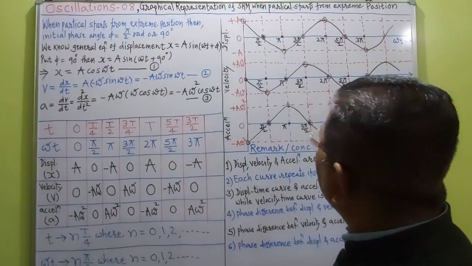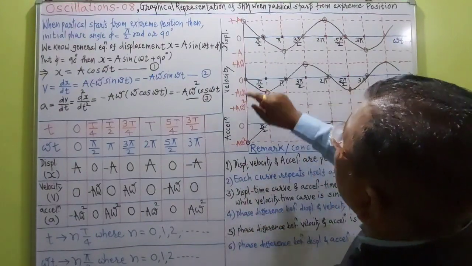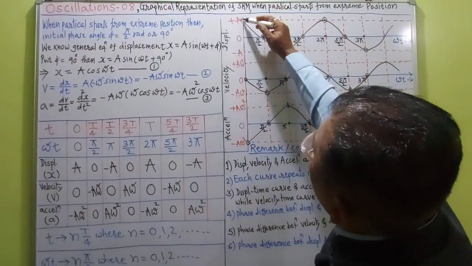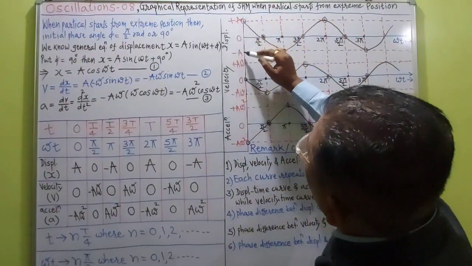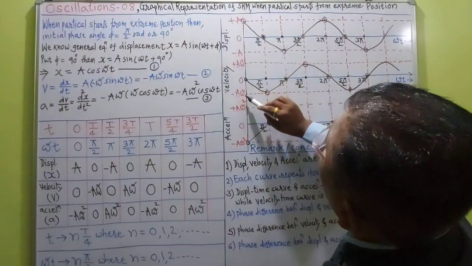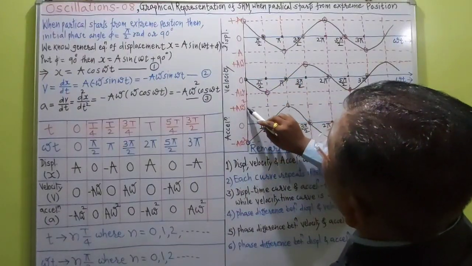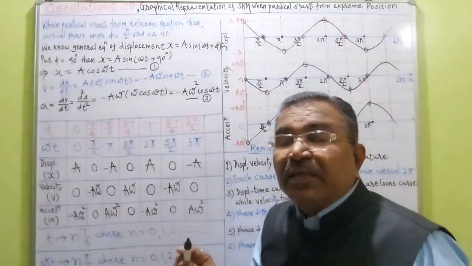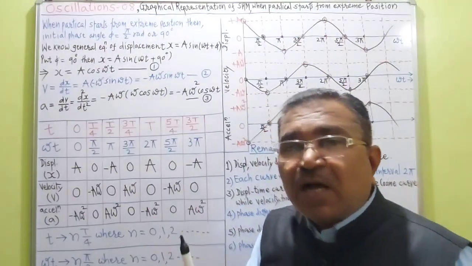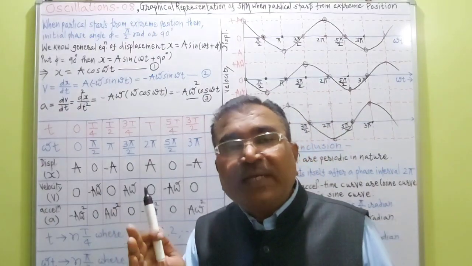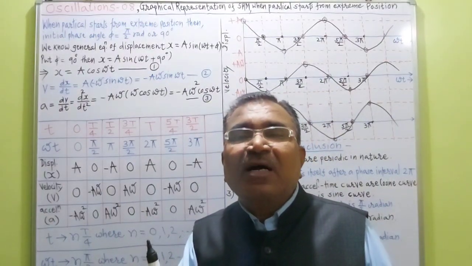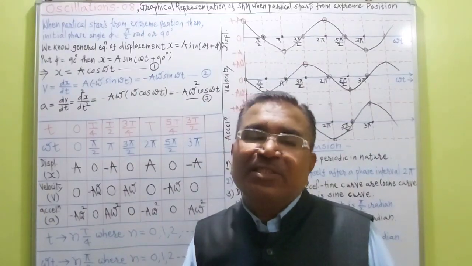Then the next conclusion is, when the curve starts from extreme position, either plus A or minus A, either plus A omega or minus A omega, either plus A omega square or minus A omega square, that curves are cosine in nature.